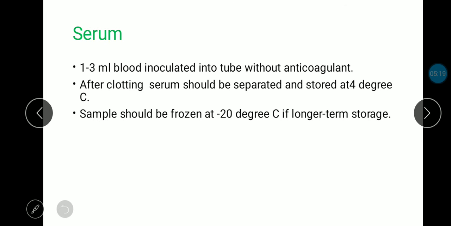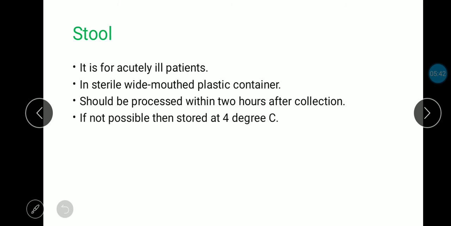This sample should be frozen at below 20 degrees centigrade if longer storage is required. That is, it should be tested as quickly as possible, and if that is not possible, it is stored in frozen condition.